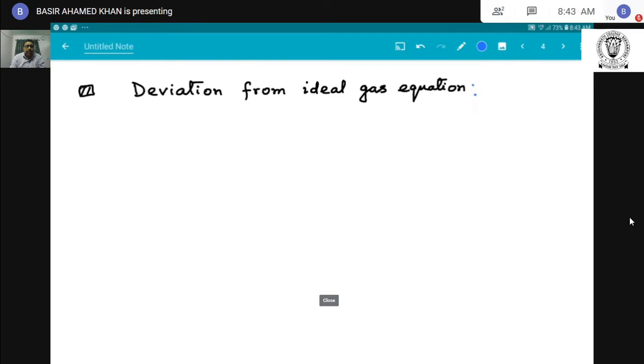So the question arises, what is the deviation of real gas from ideal gas equation? We know that the ideal gas is a special case of real gas under the condition that when the pressure is very low and temperature is high, then real gas behaves as an ideal gas.